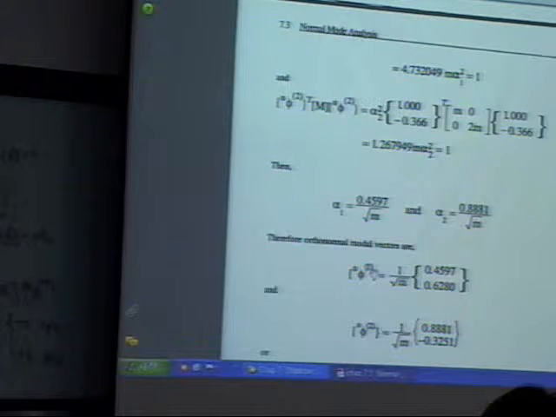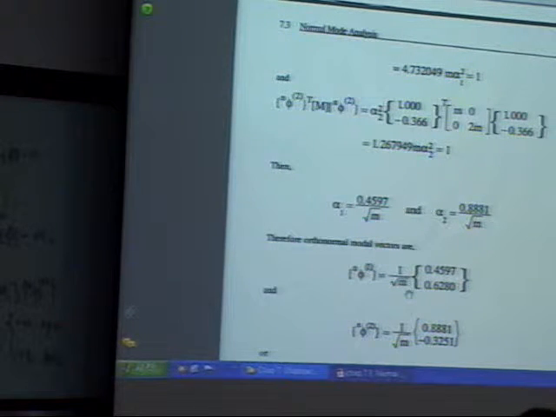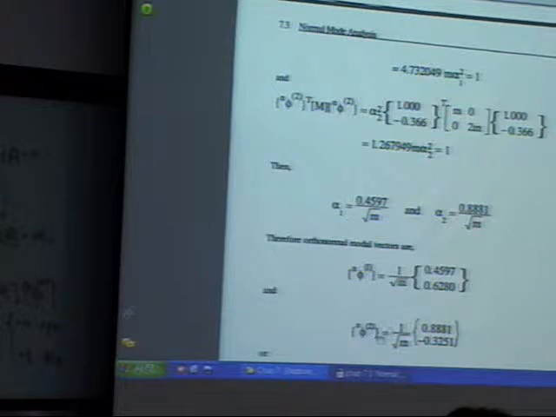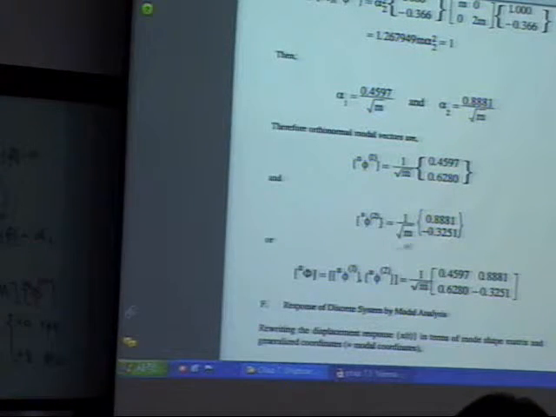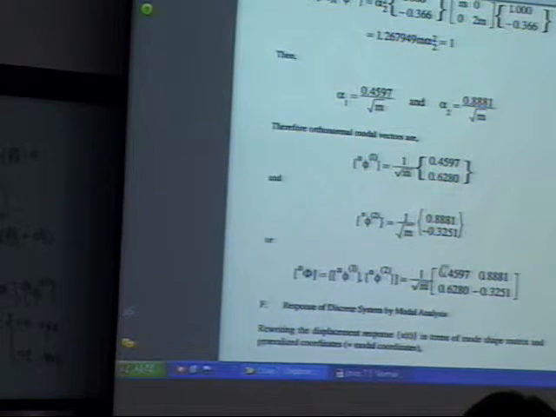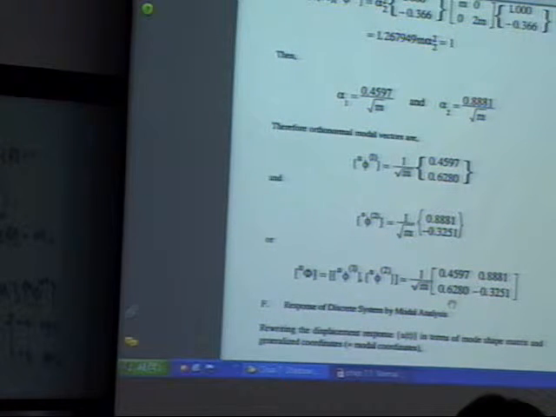This is the first mode. This is the orthonormal eigenvector for the first mode and second mode. So now if you put the 2 together, that's what you have. In this case, this is for the first mode and this is for the second mode.